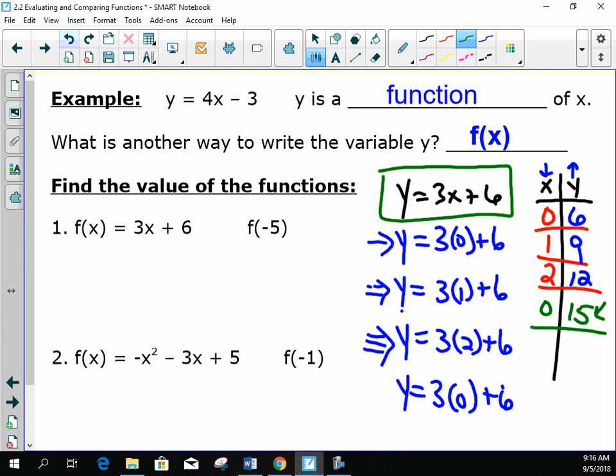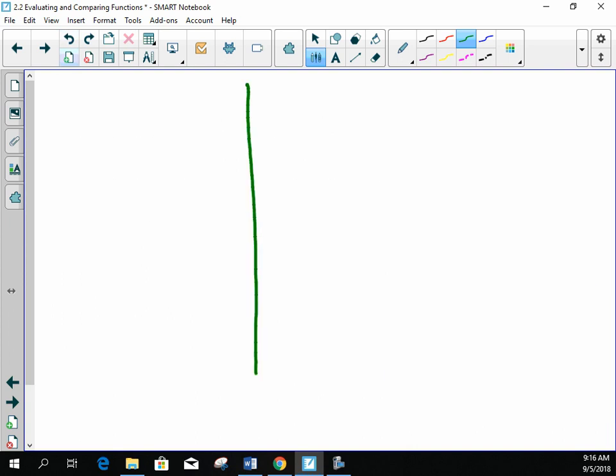What does that look like? Well, here is your x and your y, okay? What values for x did I have? I had 0. When x equals 0, y equals 6. What else did I have? When x equals 1, what did y equal?